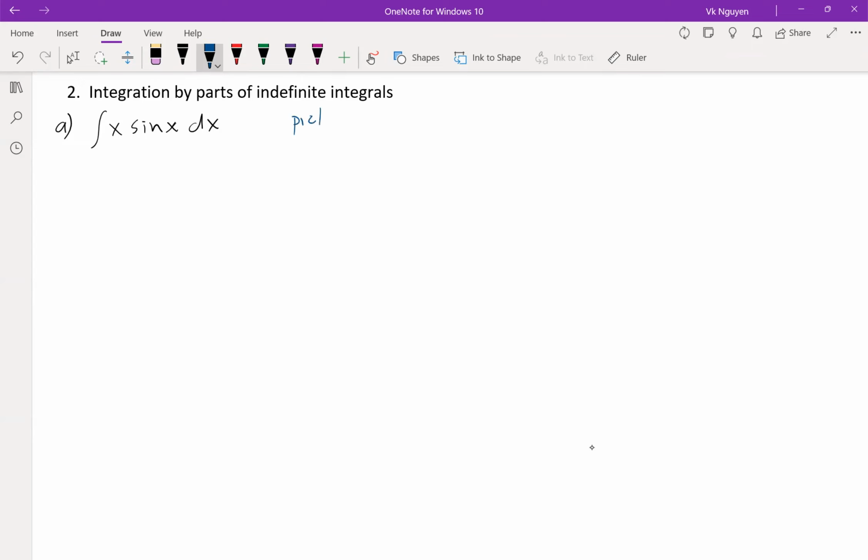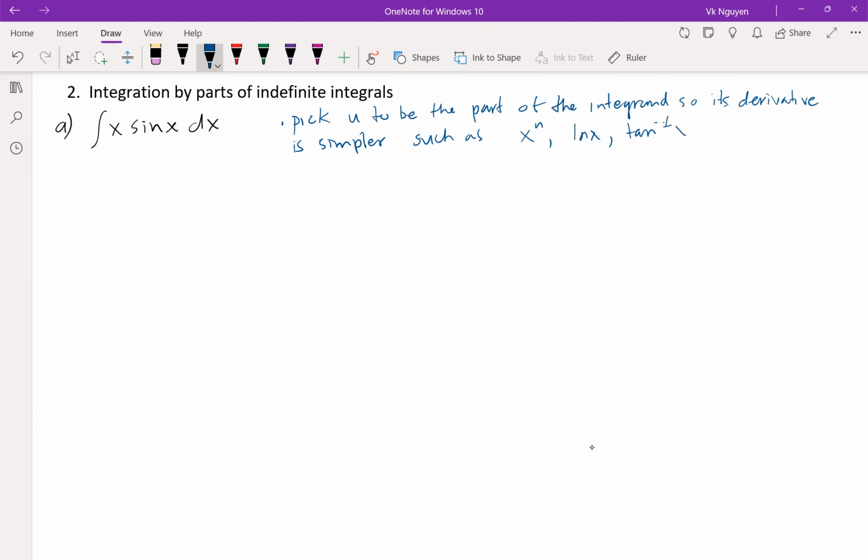Pick u to be the part of the integrand so that its derivative is similar, such as x to the n, ln(x), or tangent x.